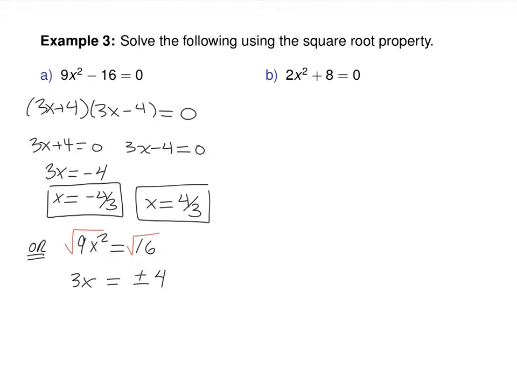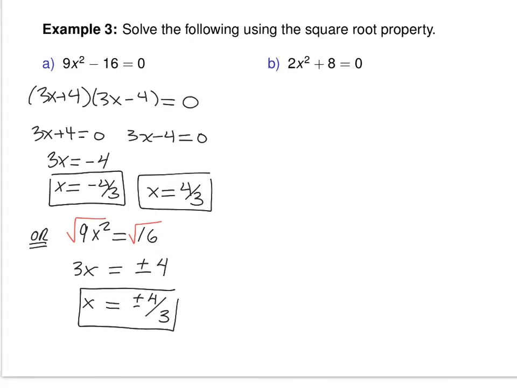And so then what's your answer going to be for x? x is plus or minus 4 over... Wouldn't you have plus or minus 3x? You don't, yeah, great technicality. You don't have to.